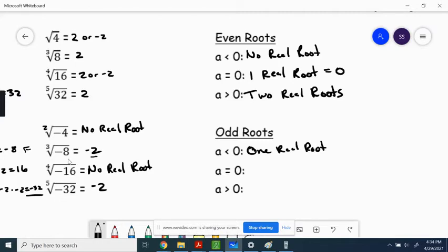Again, with a is 0, it doesn't matter if it's an even root or an odd root, it's going to equal 0, so there's going to be one real root. And last one, if a is greater than 0 and we have an odd root, like this example here, that gave us one real root.